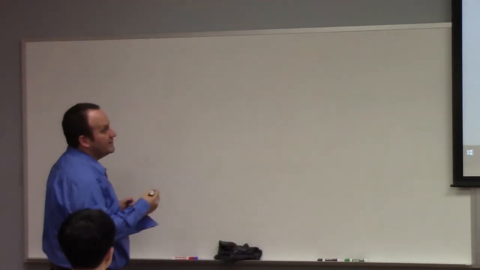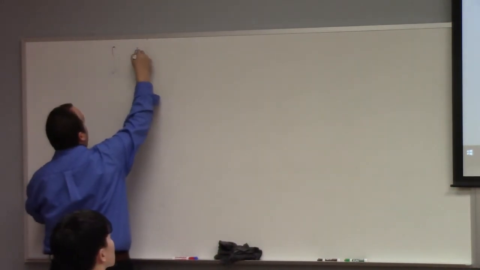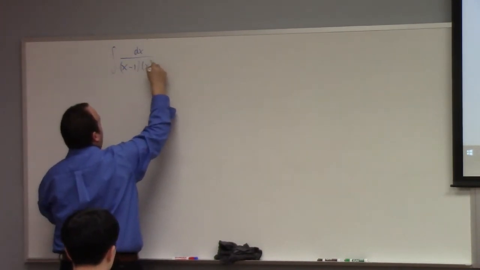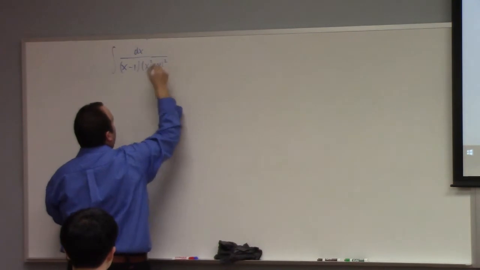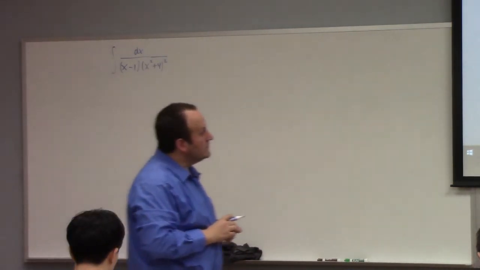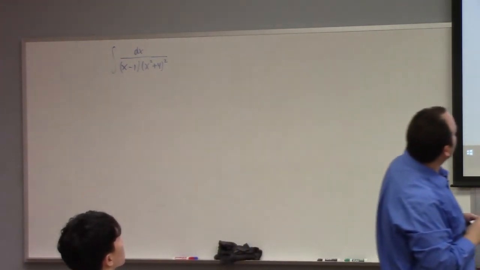I take your problem and replace it with the integral of dx over (x minus 1) times (x squared plus 4) squared. Okay, so this is worse, but very much related. You said 24, right?